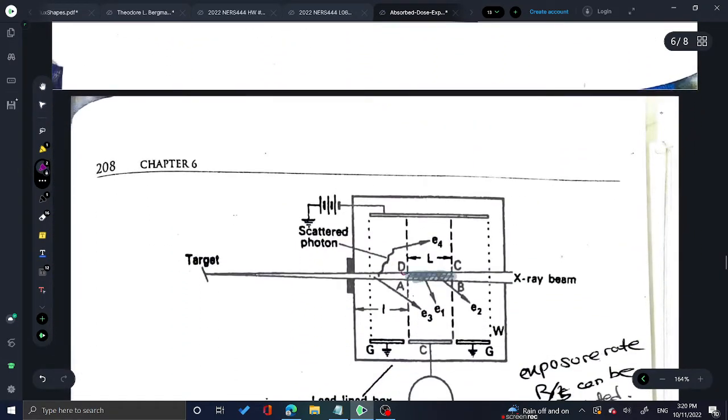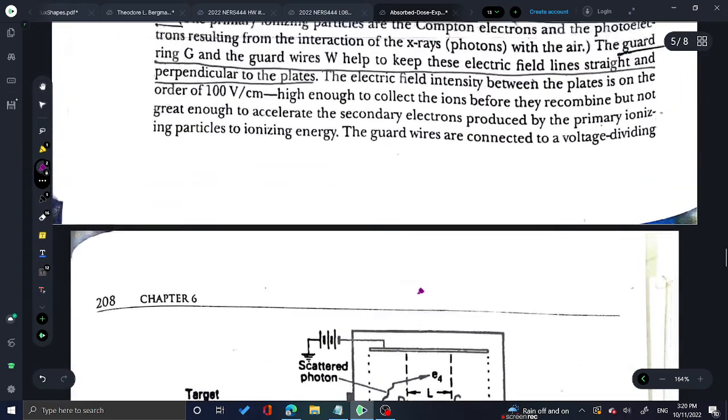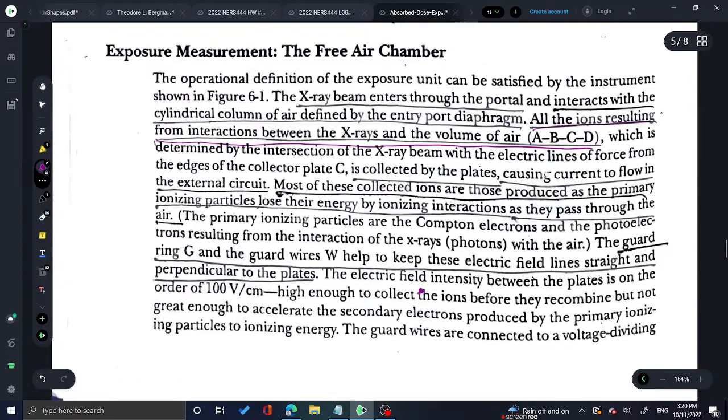So between X-rays and this volume of air, again, this is the volume we're interested in. All of these ions are collected by the plates, causing current to flow in the external circuit. Most of these collected ions are those produced as the primary ionizing particles lose their energy by ionizing interaction as they pass through the air.